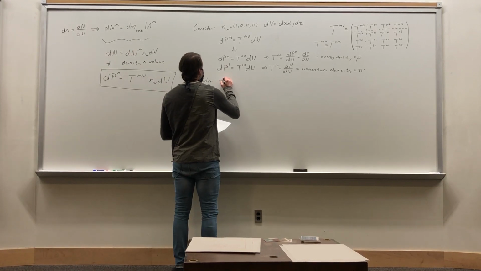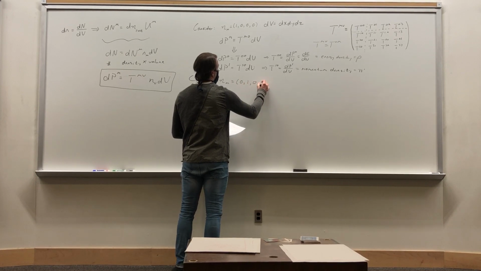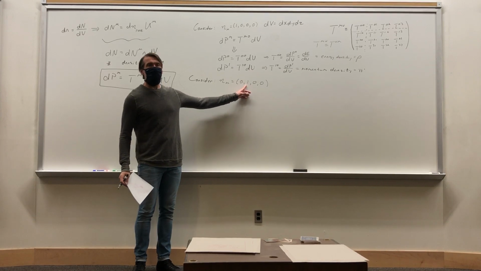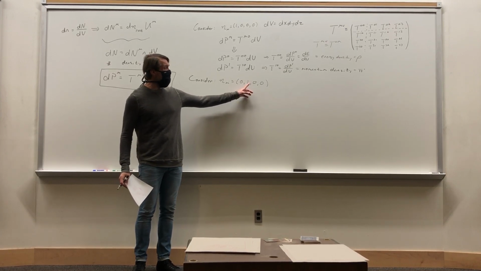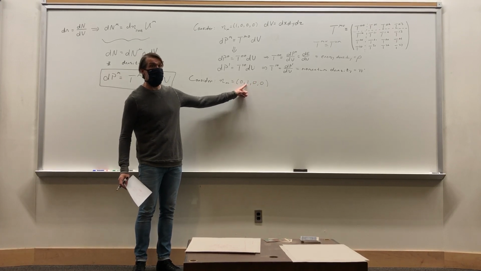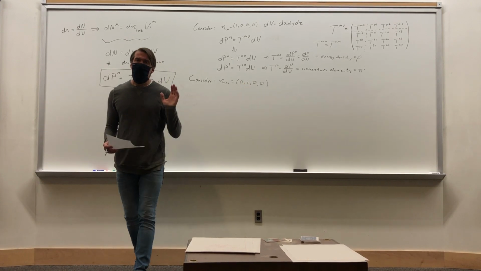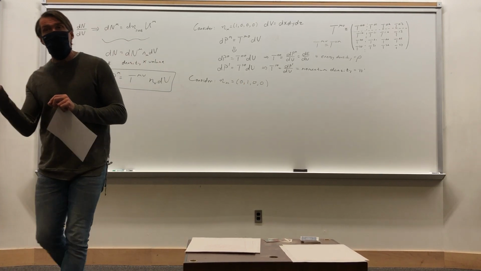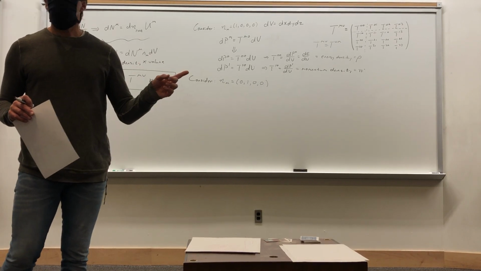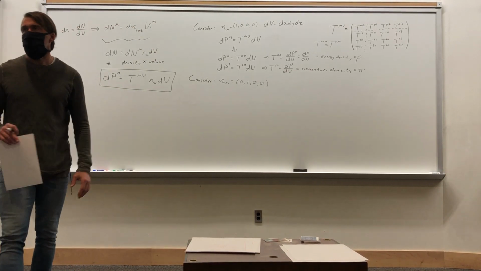And just as an example, we might use 0, 1, 0, 0, though obviously, whatever we get from this is going to be easily extended to what we would get if we put a 1 here and a 1 here, because this is going to be the X version of the story, this would be the Y version, this would be the Z version. Okay? So really and truthfully, all we have to do is figure out the difference between the time version, which is what we just did, and a spatial version, and then the spatial versions just kind of repeat themselves from X to Y to Z. Okay?